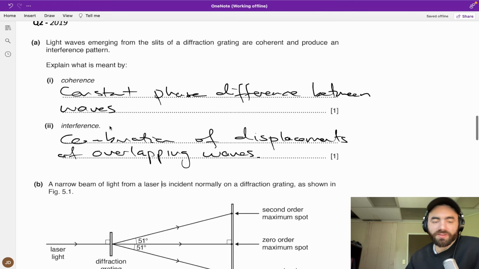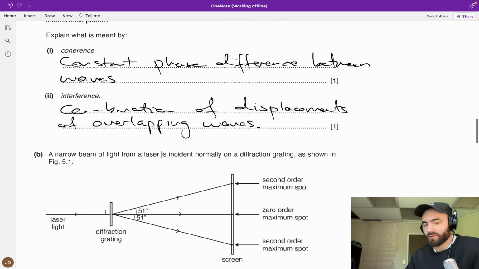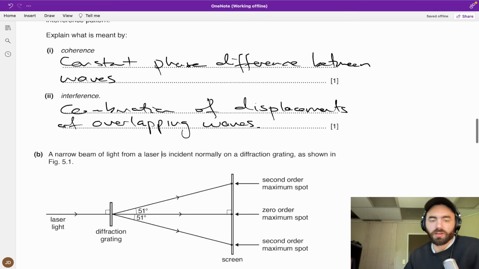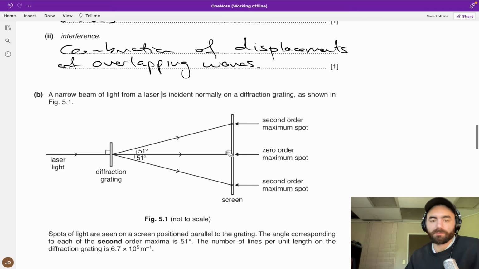Interference means the waves are interfering, they're overlapping, and so the displacements are adding and cancelling and doing stuff like that. It's basically the same thing as superposition. It's just like, how are these waves interfering?